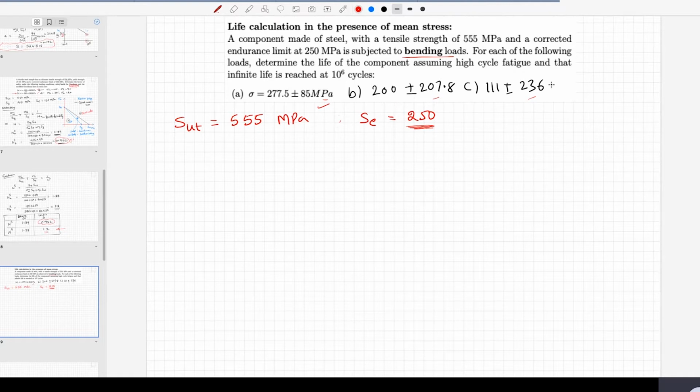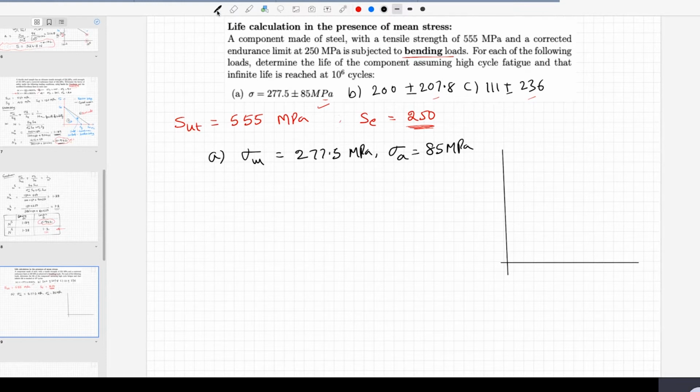Okay. So if you take case A, sigma m is 277.5 MPa and sigma a is 85 MPa. Now let us see the scenario on the Goodman diagram, that is sigma a versus sigma m, and here you will have SUT.